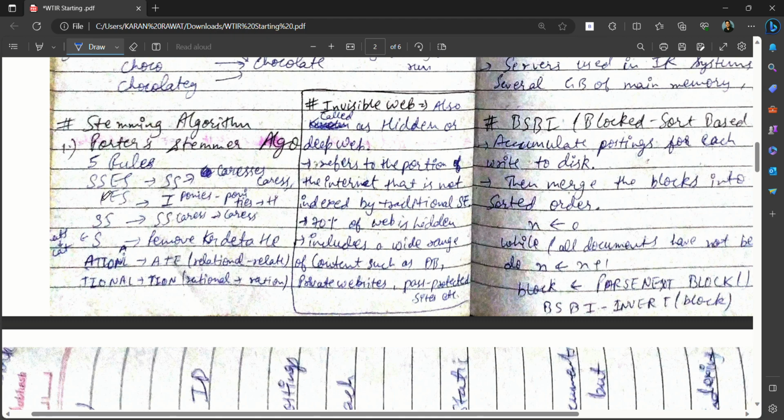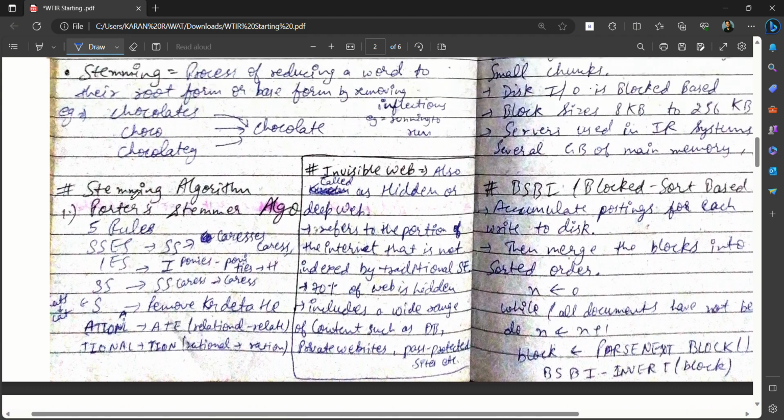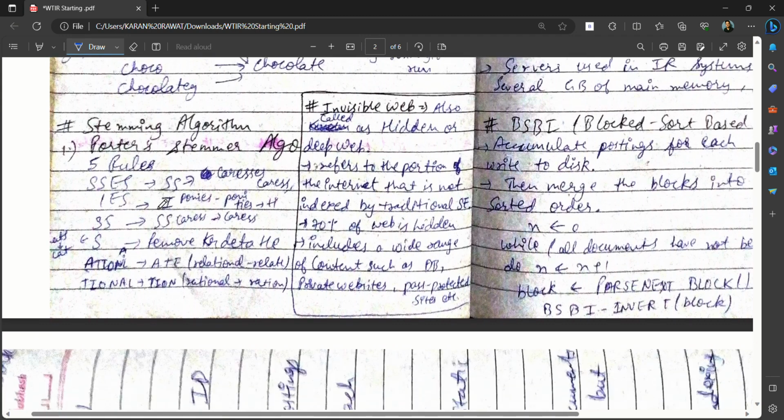What? If we have SSES, then we will convert it into SS. So this Porter stemmer algorithm says that if we have SSES in our word, then we will convert it into SS by removing this SSES. And here this SSES is basically the inflection. Okay, so see an example of this.